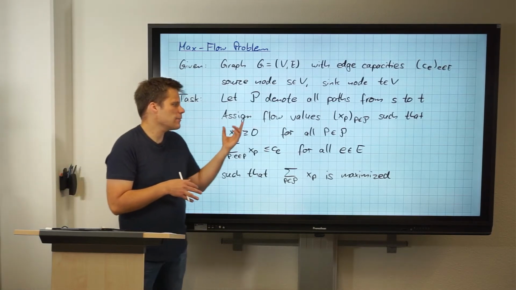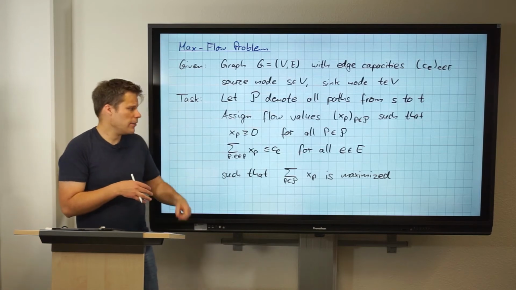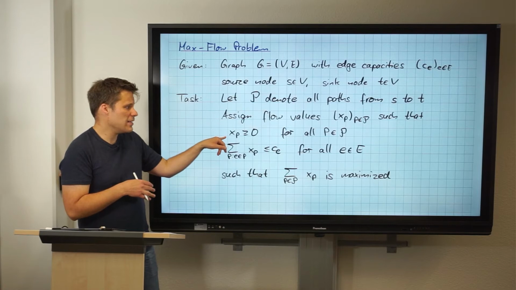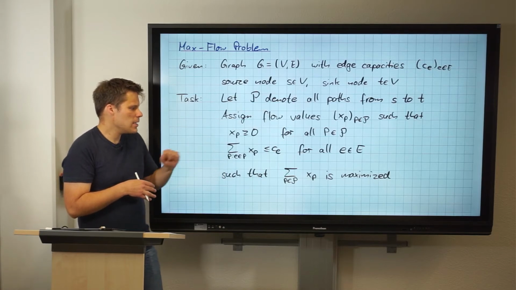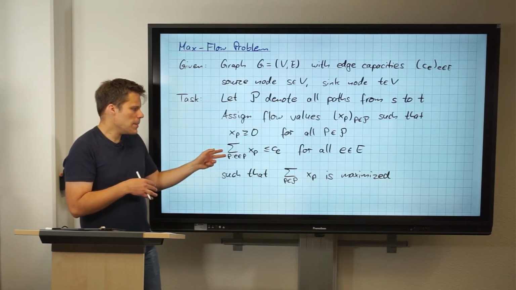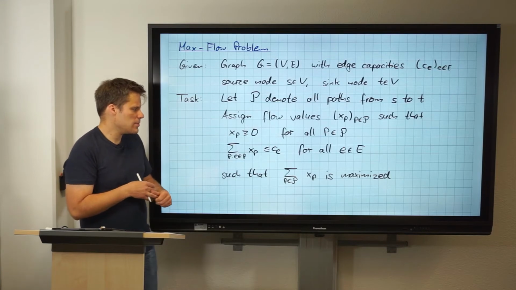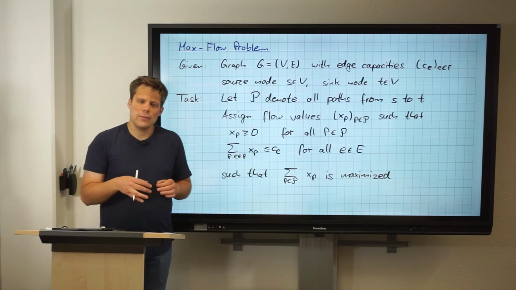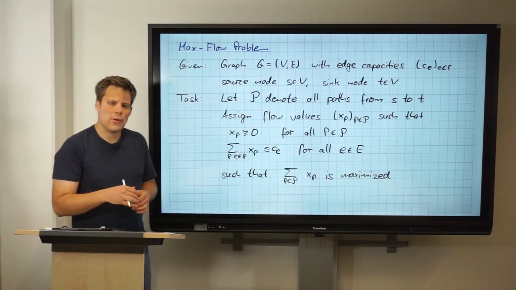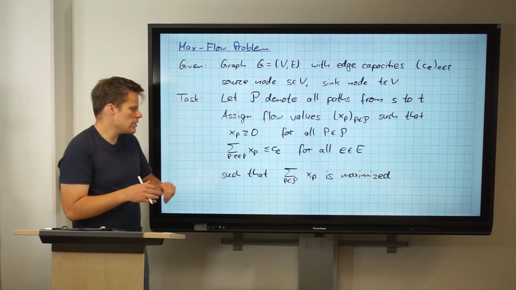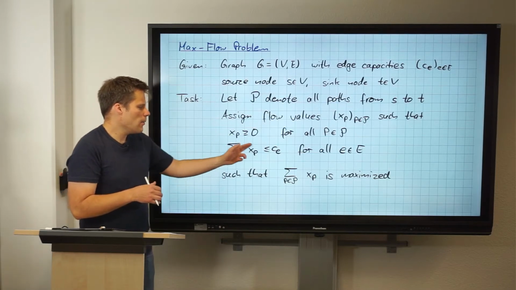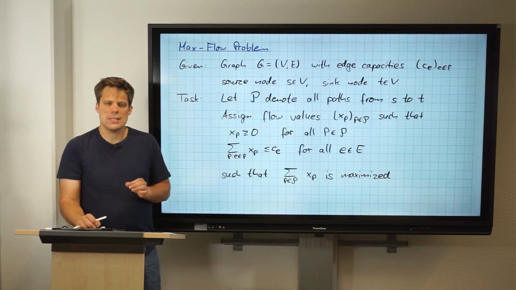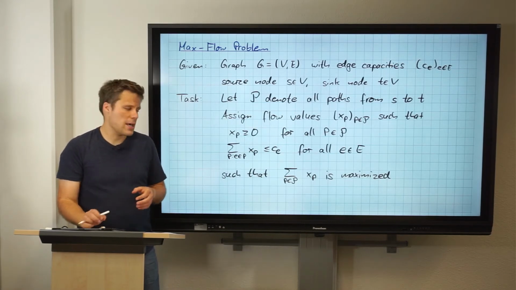Namely, we'll assign a flow value to each path such that on each path we have a non-negative flow value and the capacities are not exceeded. And how do we say this? Well, summing up the flows on all paths that include a certain edge e, all these flow values together may not exceed c_e, the capacity of edge e.